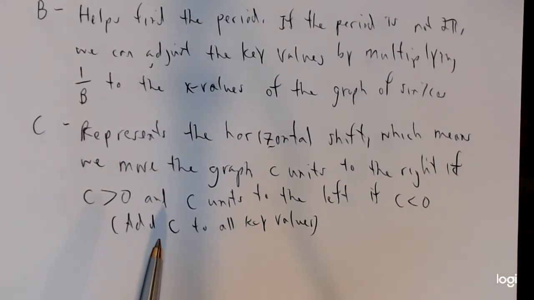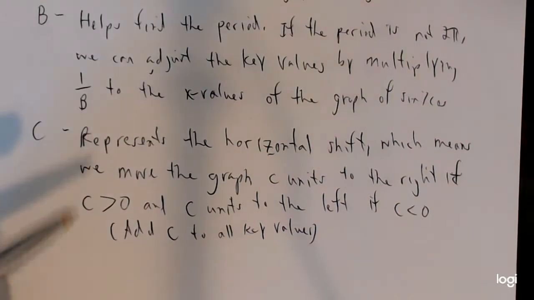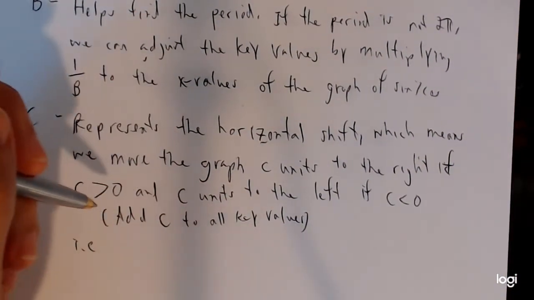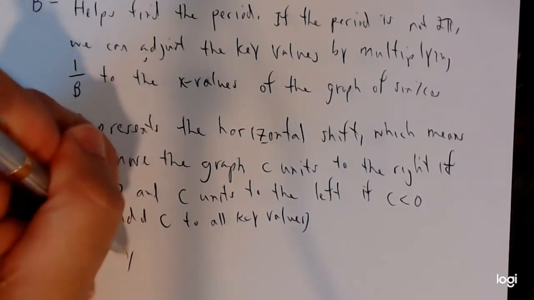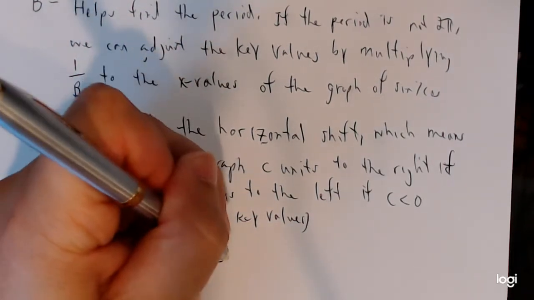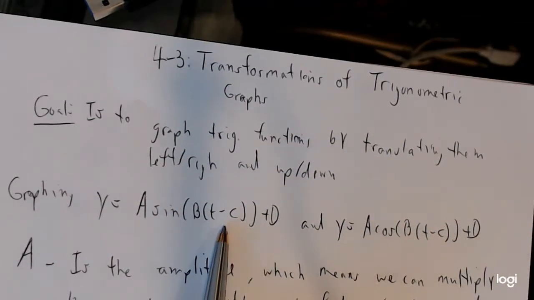Okay, so for instance, if I were to give you an example, we could say y equals the sine of t minus 3. Since it's t minus 3, the minus is fine because it fits that description.